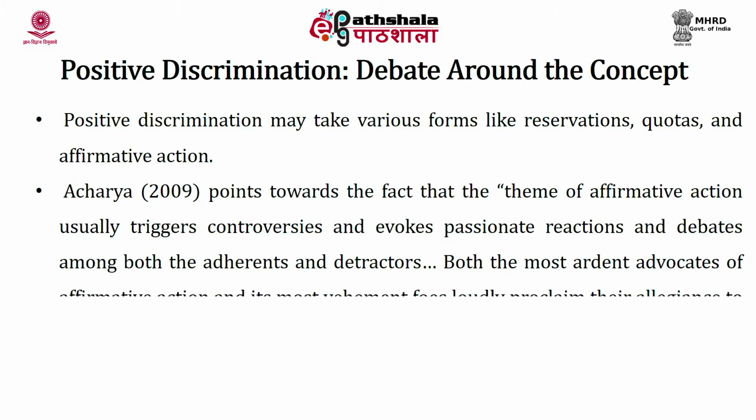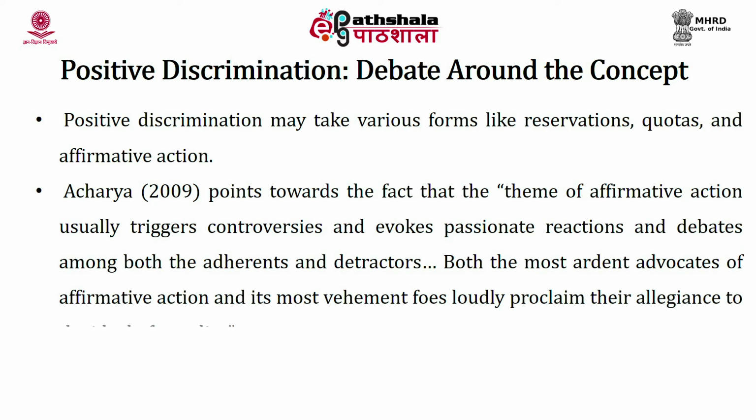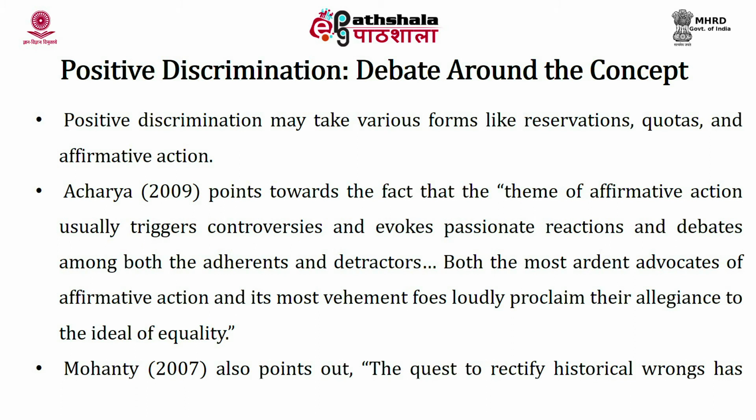Both the most ardent advocates of affirmative action and its most vehement foes loudly proclaim their allegiance to the ideal of equality. Mohanty also points out, quote, "The quest to rectify historical wrongs has triggered new and unanticipated social tensions." Unquote. However, the rationale for furthering the policies of affirmative action varies from place to place and time to time.